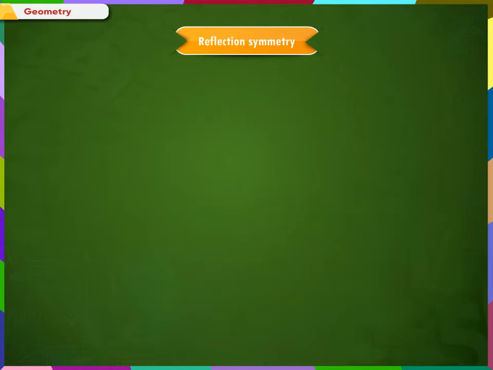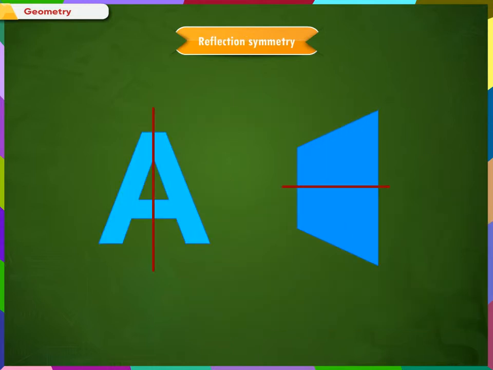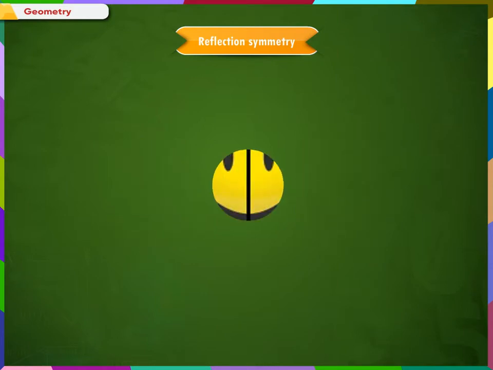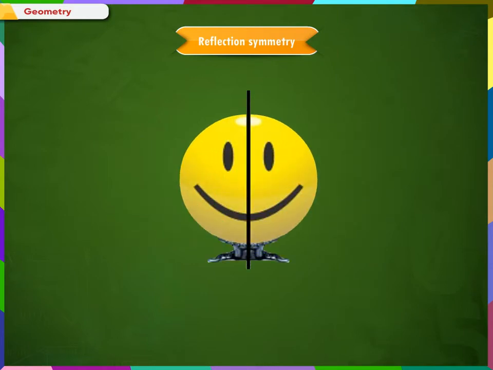Reflection symmetry. Sometimes called line symmetry or mirror symmetry, reflection symmetry is when an object is reflected across a line, like looking in a mirror. The face mentioned before is an example of reflection symmetry.